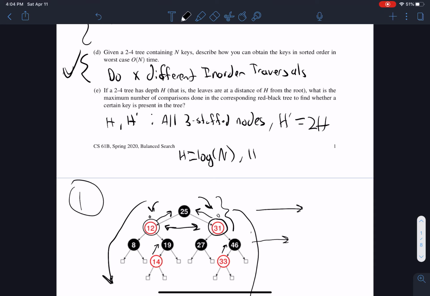So in the red-black tree, h prime is going to be 2 times log of n. And in our theta bounds, O bounds, and omega bounds, we just drop the constant anyway. So it's still going to be log n. So all the operations are still going to be log n, and that's because the height is some multiple of the height of the B tree.